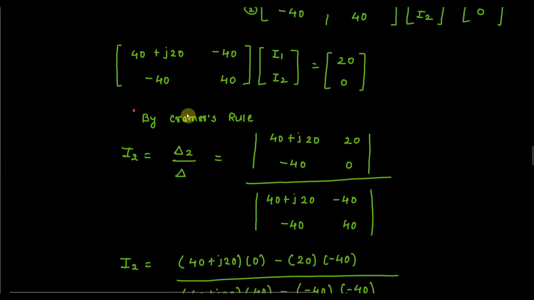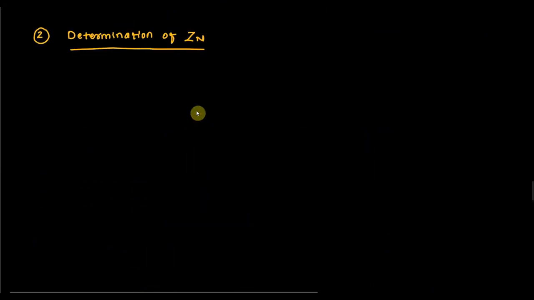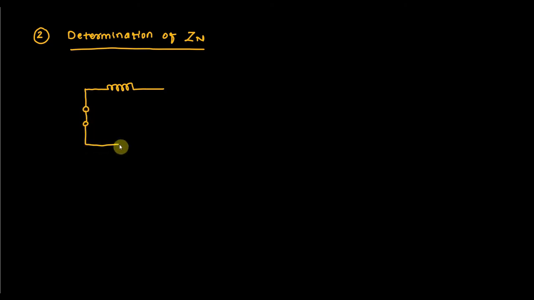Now we will draw the network. So the network we will be getting here. Here we have an inductor. Here we have a voltage source. Now that voltage source is replaced by a short circuit. Here we have a capacitor, and here we have a resistance.